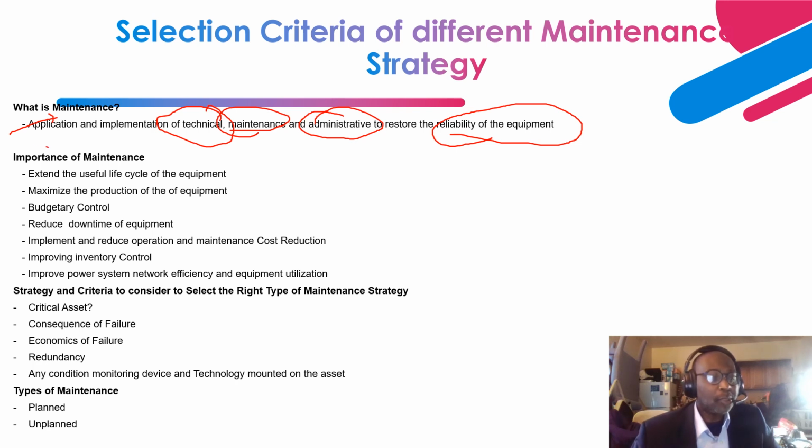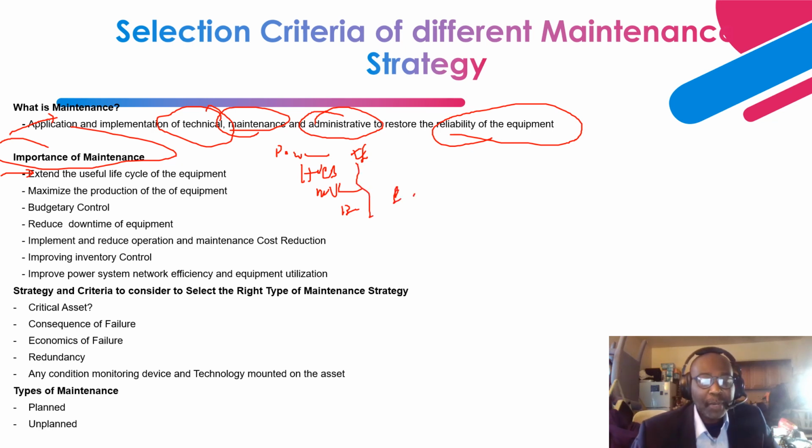Now let's talk about the importance of maintenance. The first one is extending the useful life of the equipment. Let's get some examples. Say substation assets. We have a power transformer, a high voltage circuit breaker, a medium voltage circuit breaker, disconnect switches, and battery systems with a DC battery charger.